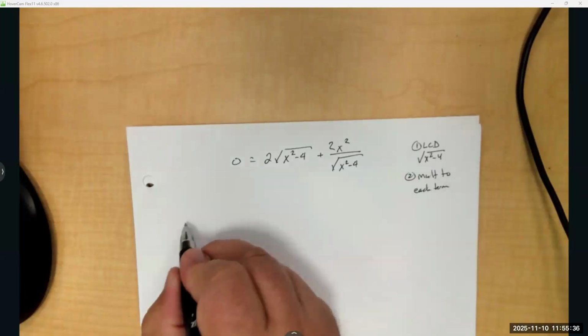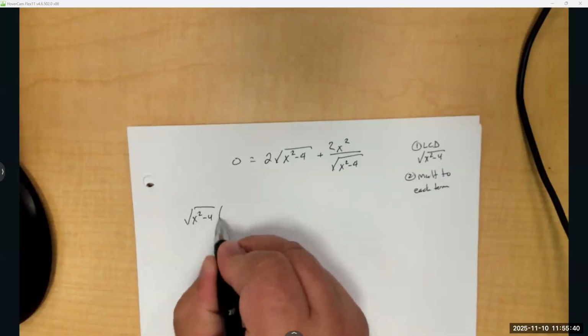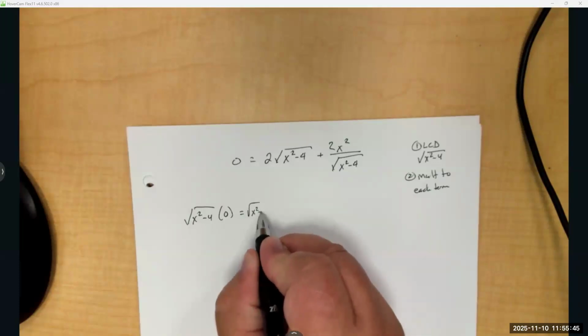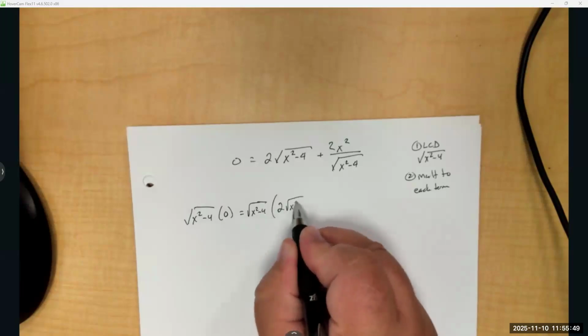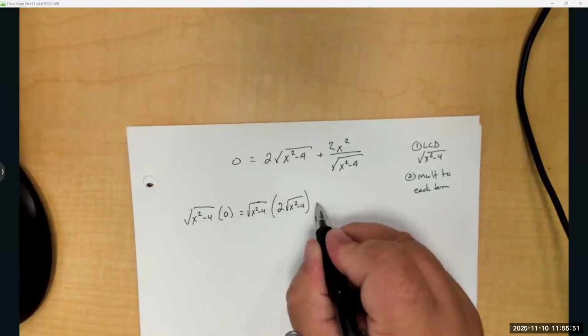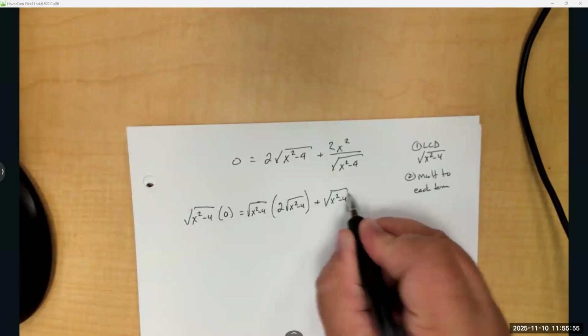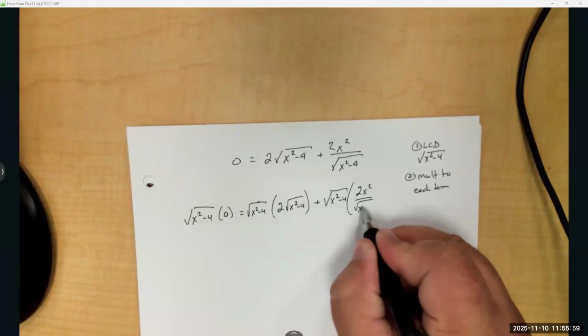So we have radical x squared minus 4 times 0. Radical x squared minus 4 times 2 radical x squared minus 4 plus radical x squared minus 4 times 2x squared over radical x squared minus 4.